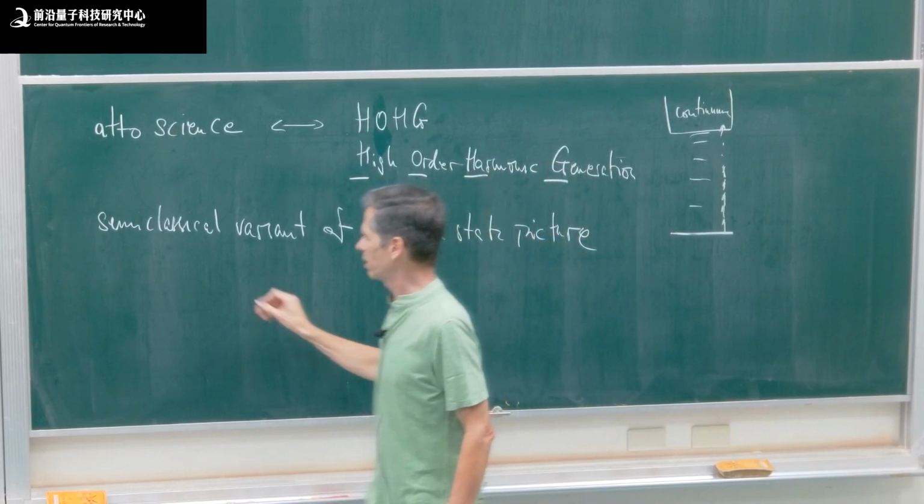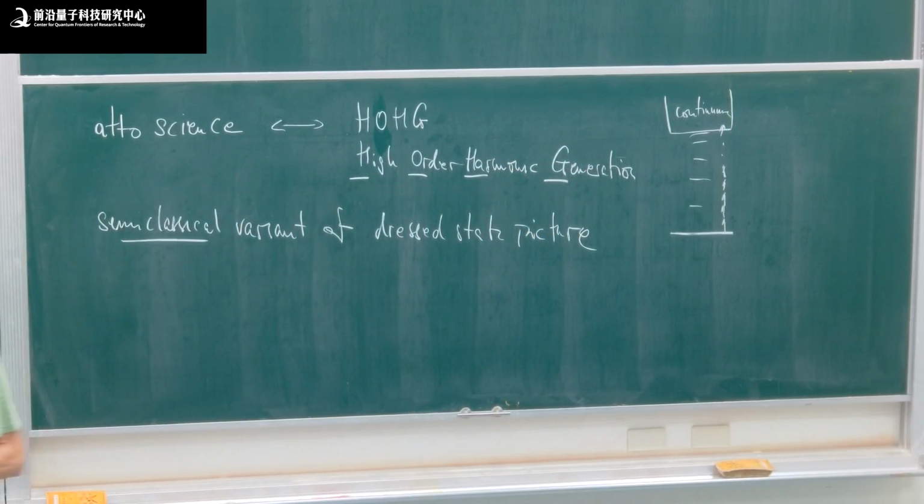Now, what do you associate with the term semi-classical? So we're doing quantum physics, right? And we have essentially two degrees of freedom: the atomic degree of freedom, which may have many electrons, but let's say we lump them together, and the electromagnetic field's degree of freedom.